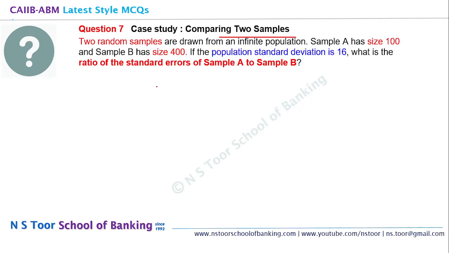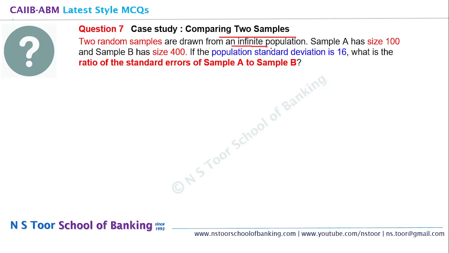So now let us go for our next question. Now next case study is regarding comparing two samples. Please read it now. Two random samples are drawn from an infinite population.